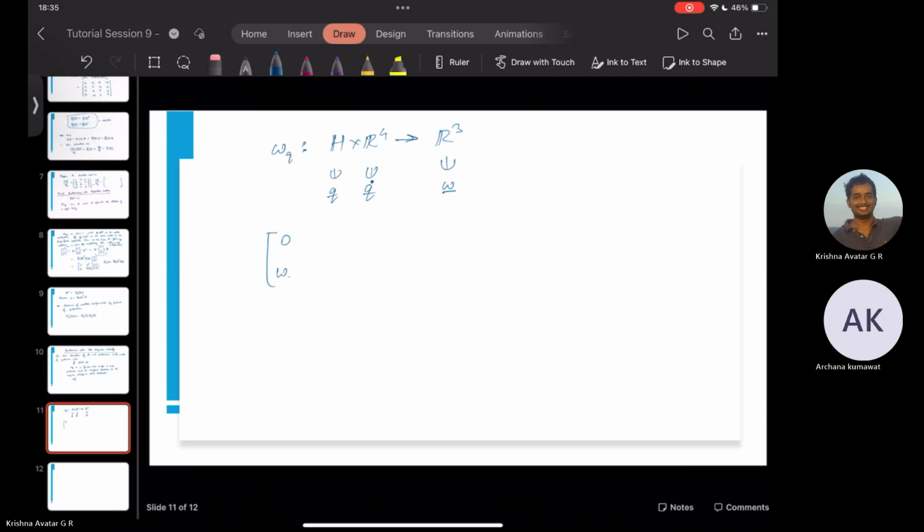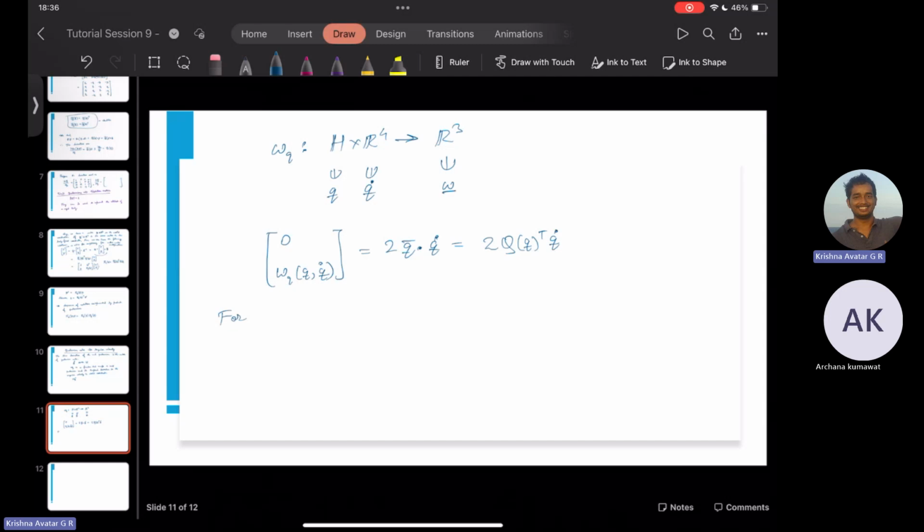So the mapping goes as WQ. It takes Q and Q dot as inputs, and this is equal to Q bar dot Q dot, right.